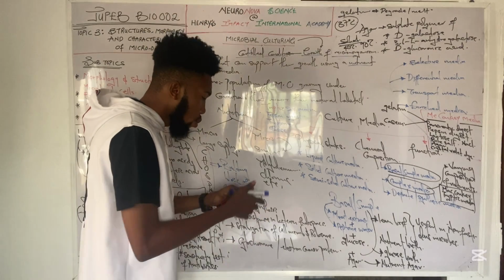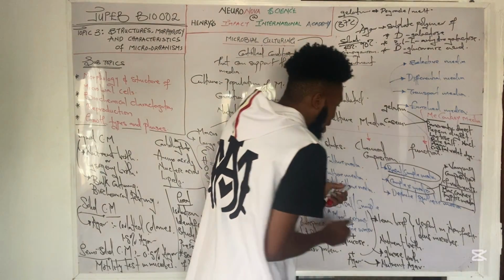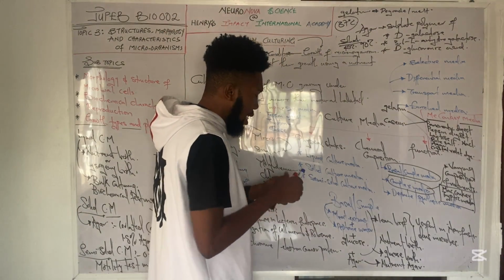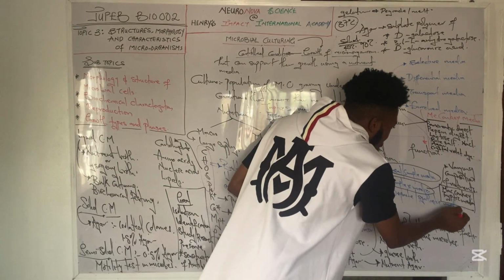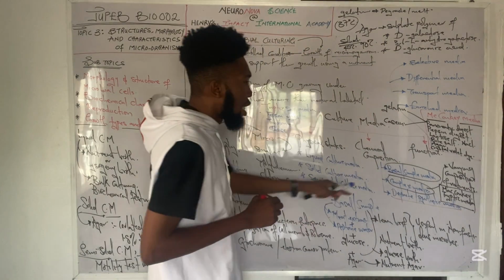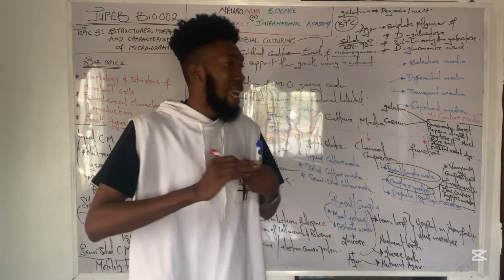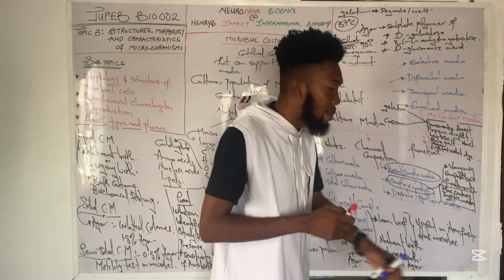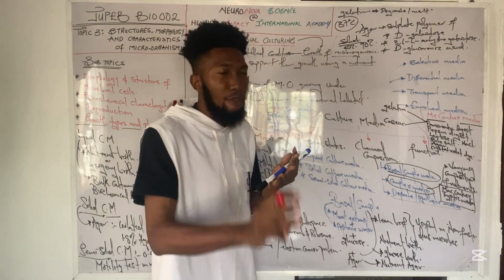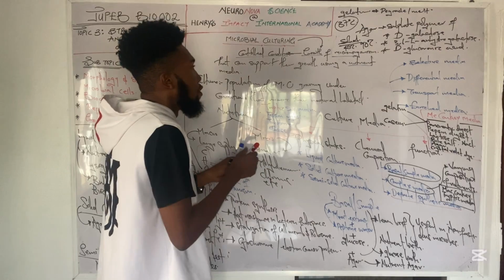Now, in your definite or synthetic media, not much to say here. Let me bring out one difference. This is your complex media, right? You get most of its extract, all this McConkey and triactic soy, from 3 major sources.